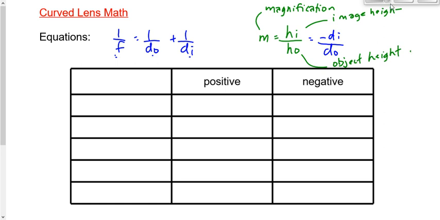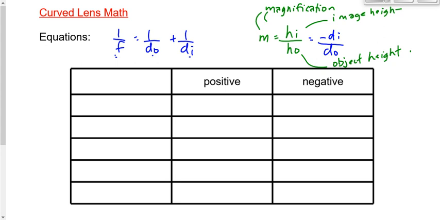What units do you think we have for hi and ho? Anything you want, as long as it represents a distance, like centimeters, meters, kilometers, inches, whatever you want, as long as you're consistent. What units do you think we'd have for magnification?